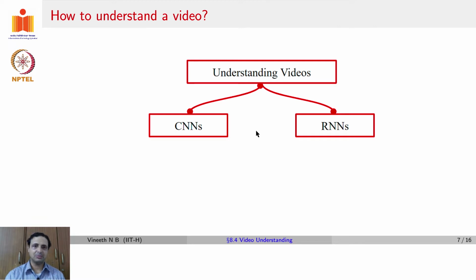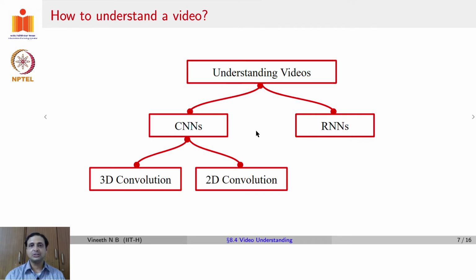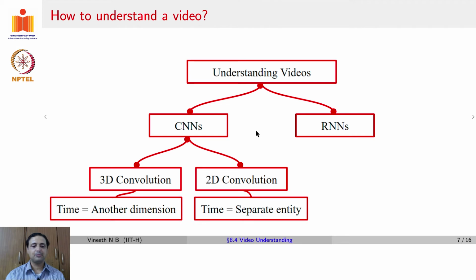We'll see both examples in this lecture. Even within CNNs, there are two ways to perform video-based understanding. One is to do what is known as 3D convolution, and the other is to see if you can repurpose 2D convolution itself to understand videos.